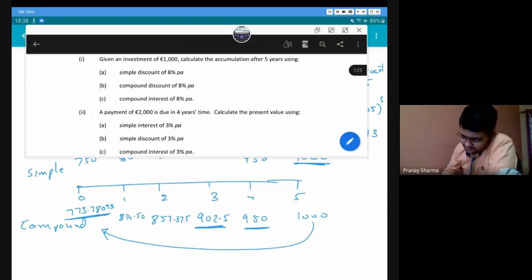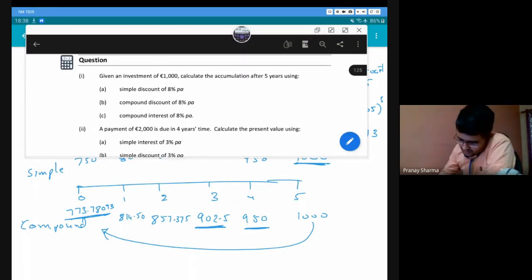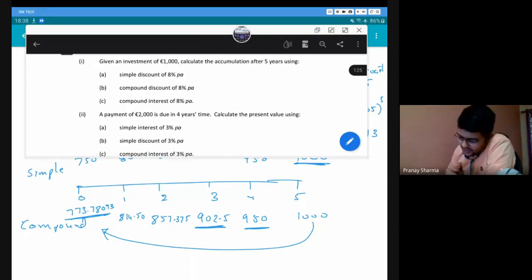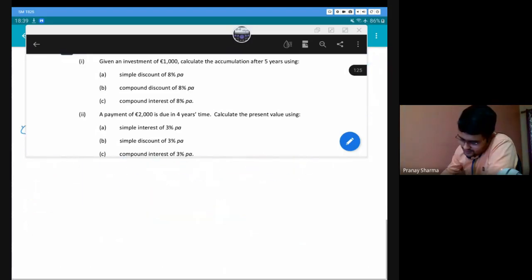Now we'll do this sum. We have given an investment of 1000. Calculate the accumulation after 5 years using, now we have 3 different things. We have simple discount of 8%, we have compound discount of 8%, and we have compound interest of 8%.